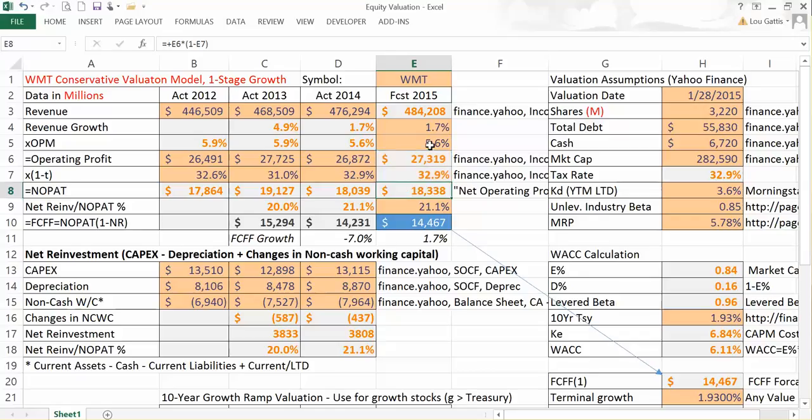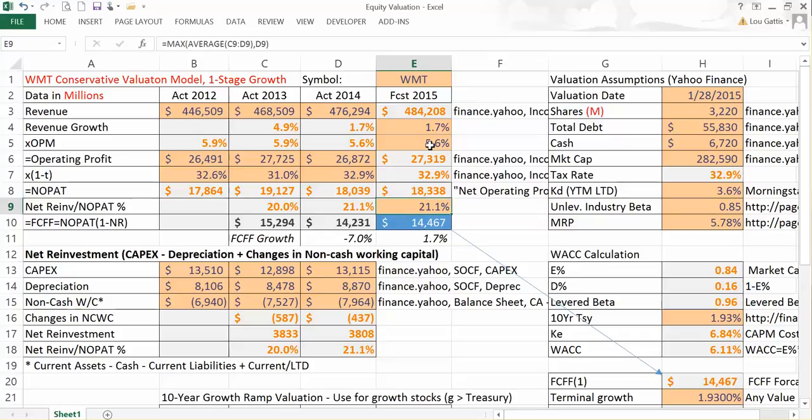So in 2015, I'm forecasting that they'll have 18.3 billion of profits after taxes. And the last thing I want to do is calculate something called my net reinvestment. So of their 18 billion, they have to use much of that money, or a percentage of that money, to upgrade stores or open new stores or replace equipment and computers.